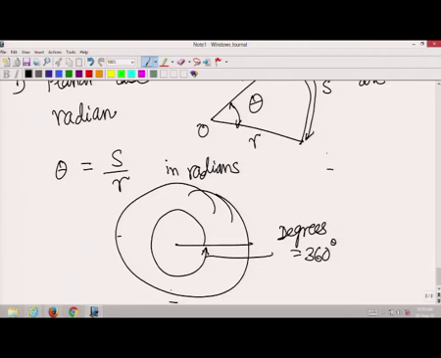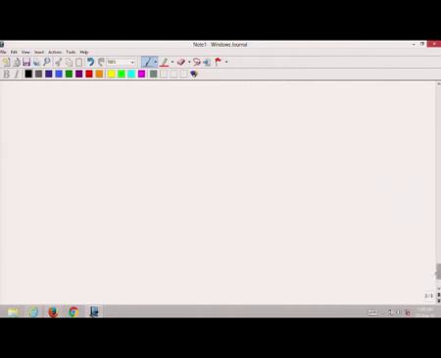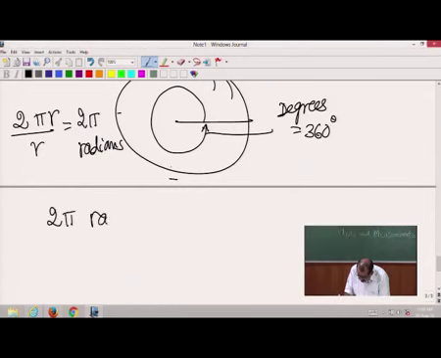In terms of degrees, the angle is 360 degrees, but in terms of radians, the total arc length moved when I go around a circle is 2 pi r, and if I divide that by r, in terms of radians I have 2 pi radians. So, therefore, 2 pi radians is equal to 360 degrees.